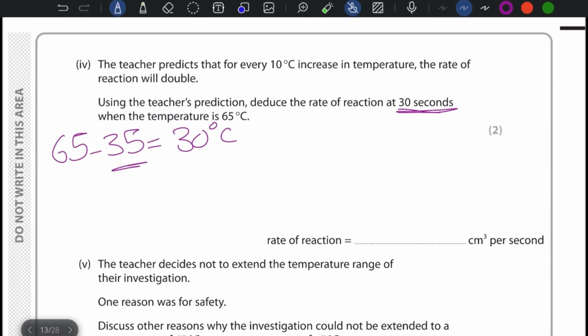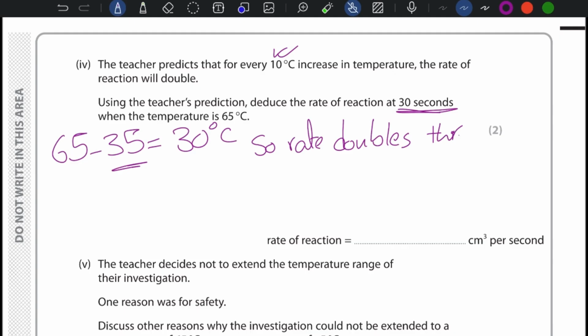So 65 minus 35 equals 30 degrees Celsius, and for every increase of 10 degrees Celsius, the rate of reaction doubles. So the rate of reaction doubles 3 times.